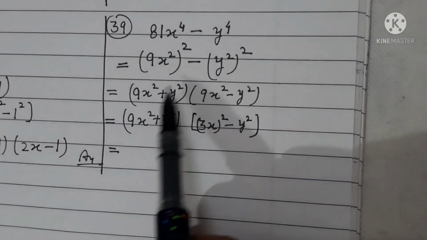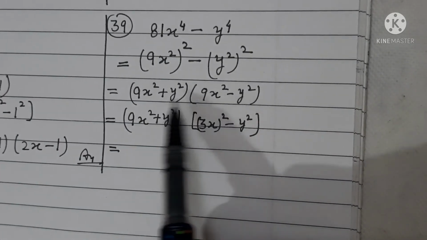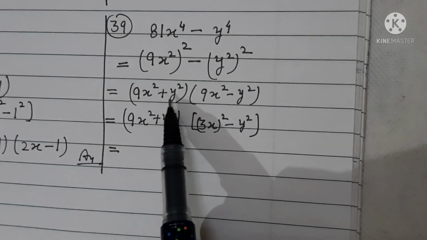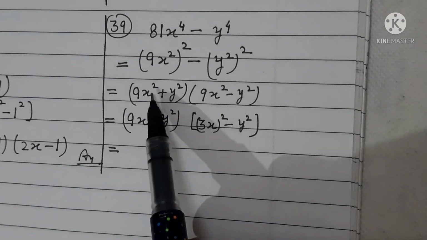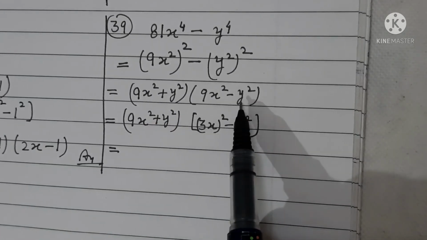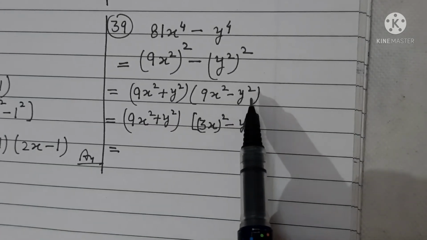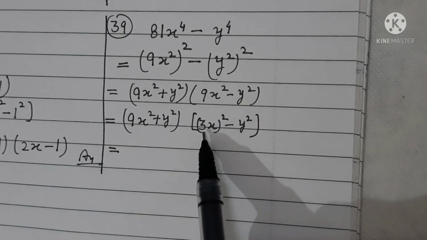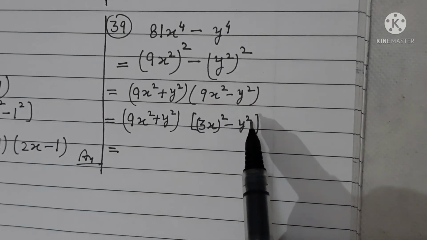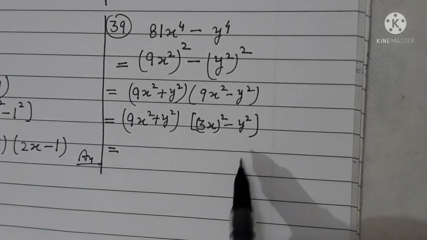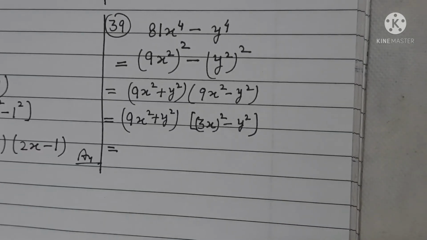See the solution. You can write this step: a plus b and a minus b, and this factor as it is, and here again you will use the identity of a square minus b square. So write this in the form of 3x whole square minus y square, and open this and get the answer.